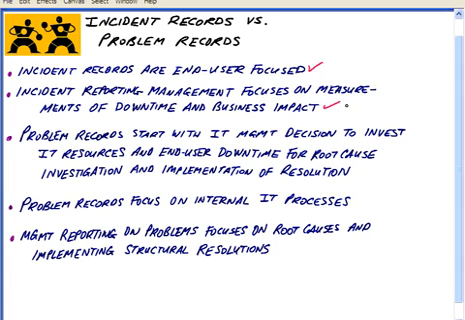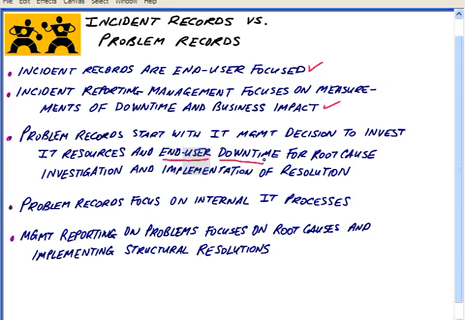Maybe a new fault-tolerant solution, okay? These are the problem records, okay? They are management decisions to make investments of resources and the aspect of end-user downtime for root cause investigation. What is the root cause of the incidents, okay? And the implementation of a resolution.